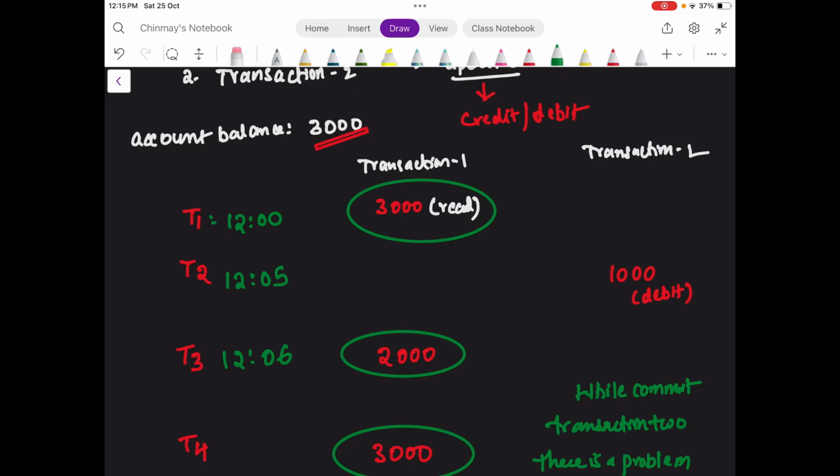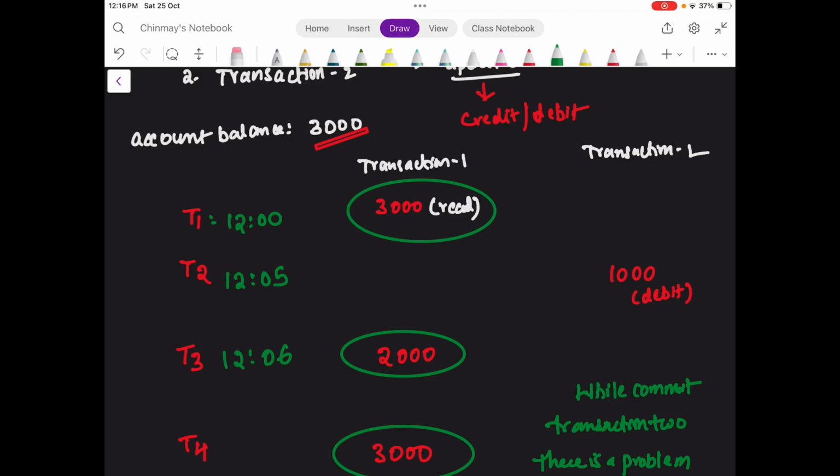Still this transaction is just debited, it is not yet committed. Your transaction is only the debit operation, that means one update operation is completed, but the other update operation is not yet completed.